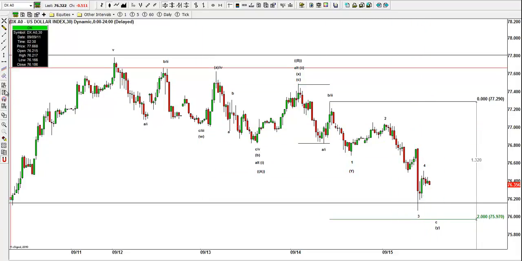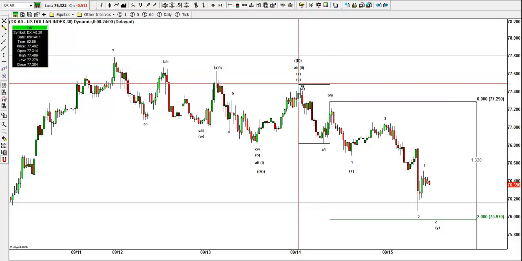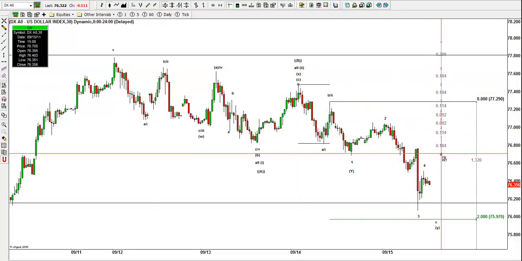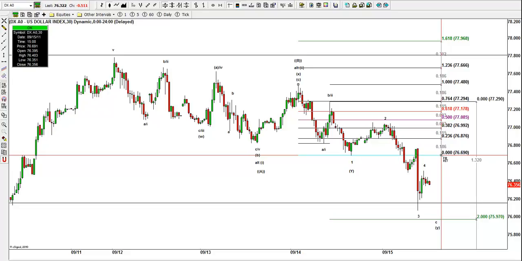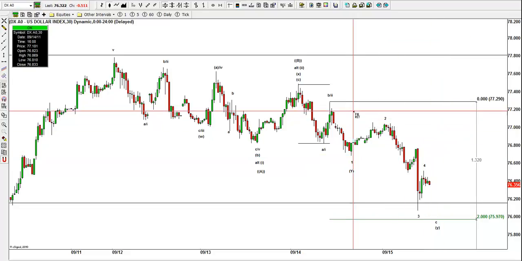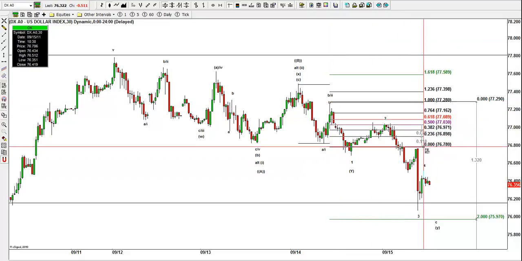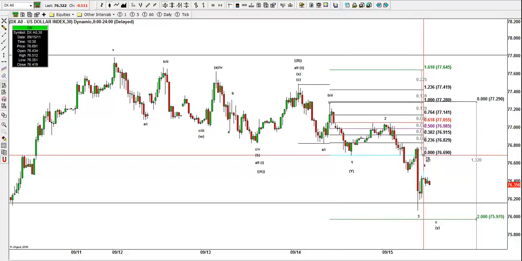Now, what I don't like is that when you trace the Fibo here, he didn't even get to the 50% retracement. But if you measure here, he got to the peak of the 618.